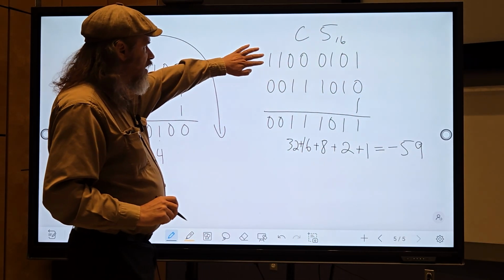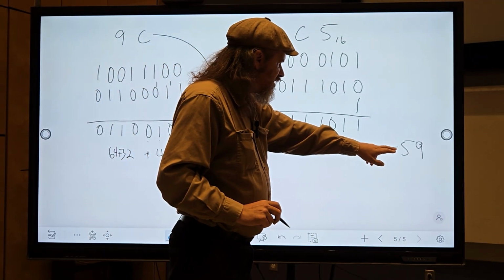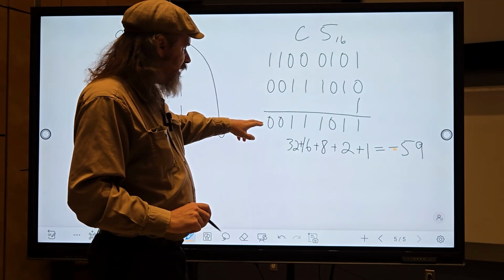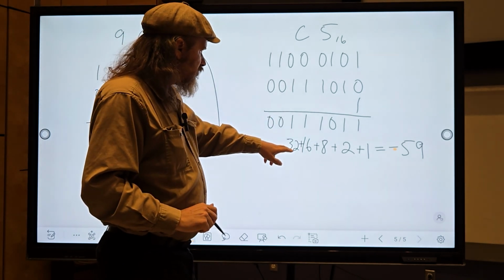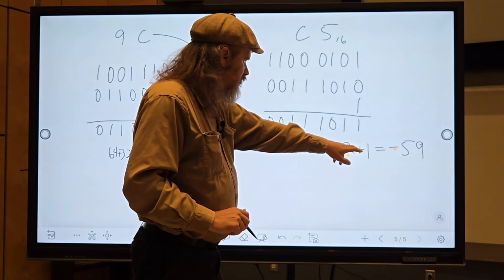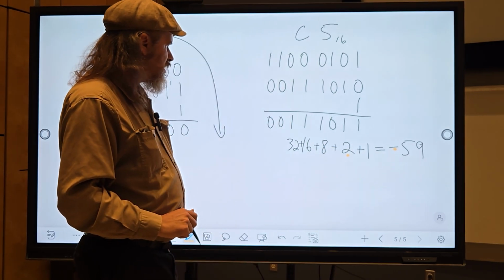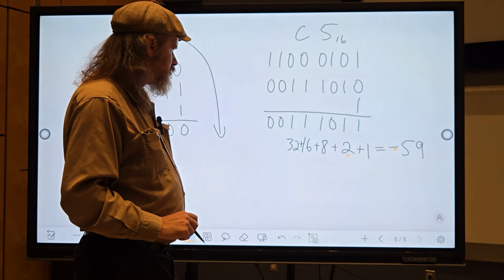Because of the leading 1, it was a negative number, so you hold that sign over here, and then determine the magnitude of the negative here, 32, 16, 8, 2, and 1. No, that's not right.